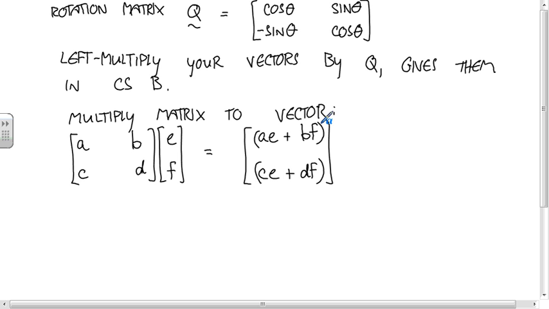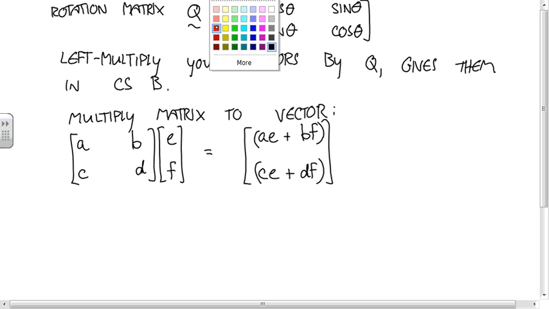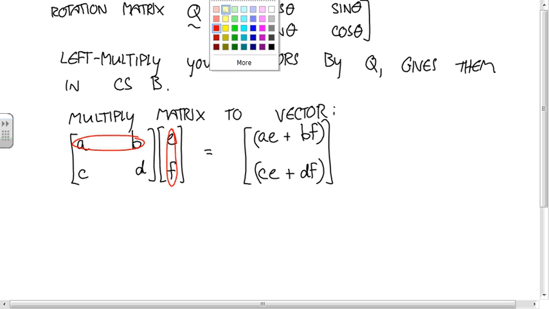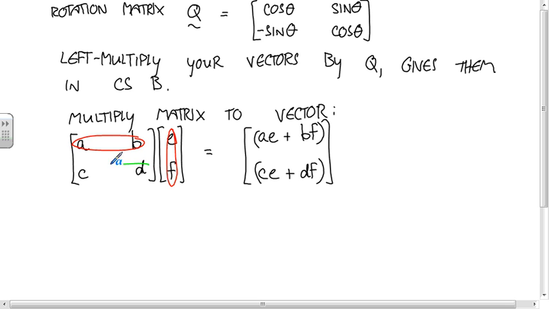So you first take a dot product of this vector with this vector, and then a dot product of this vector with this vector. It's called leftmost because the matrix is on the left.